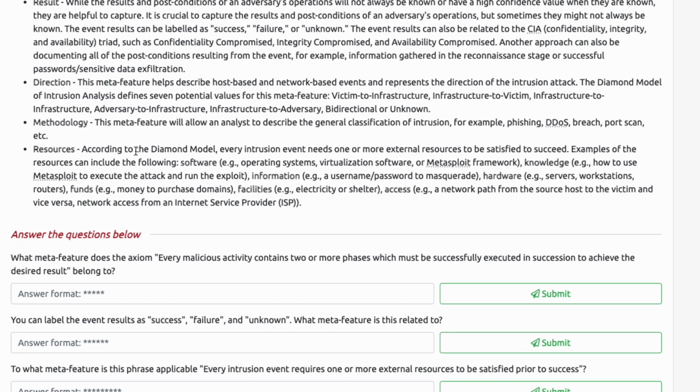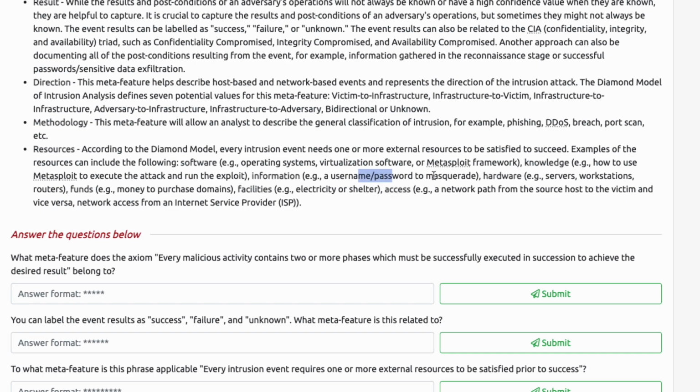And then there are the resources according to the diamond model. Every intrusion event needs one or more external resources to be satisfied to succeed. Examples could be software, so operating systems, virtualization software, or Metasploit framework. Knowledge, how to use Metasploit and run the exploit.